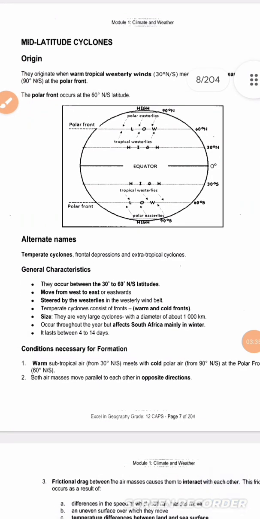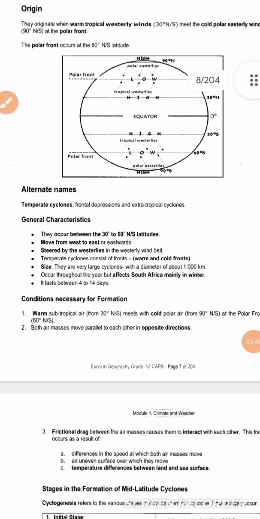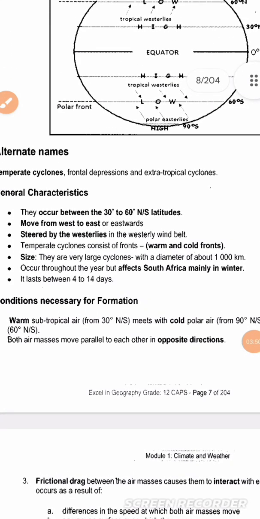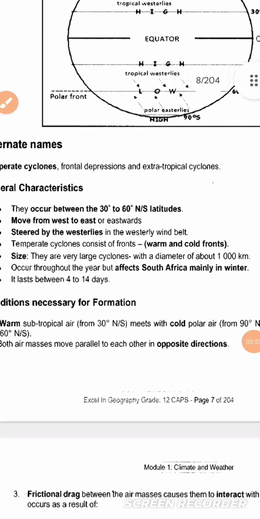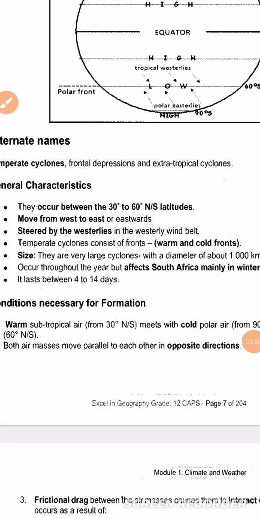So we have the general characteristics as indicated in your exam guideline. I want us to break these characteristics down one by one. You must know them, because sometimes they might ask you for proof, give us evidence why you say this is a mid-latitude cyclone.